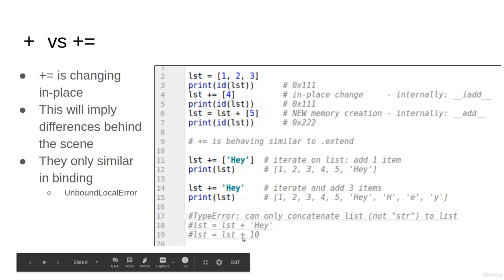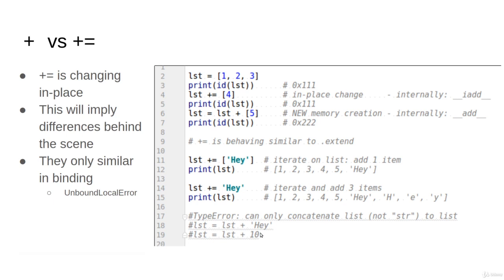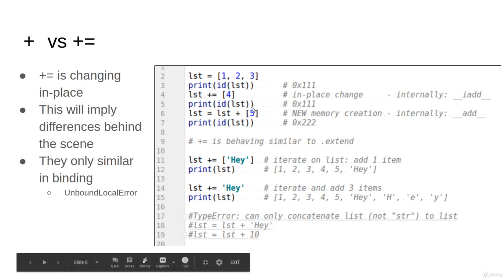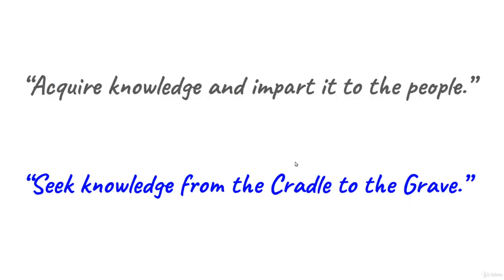But when you call the plus, it's actually trying to call what we call an add function. And it will fail because this item cannot be added without being in a list. So plus and plus equal look the same in terms of what we are adding to the list, but be careful that behind the scenes they are different things. That's all.